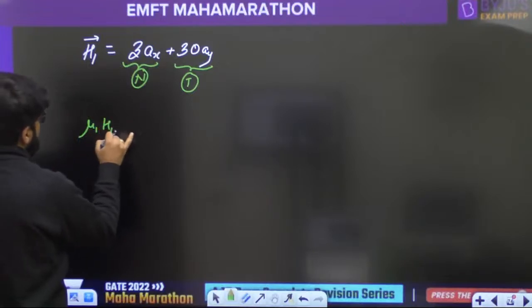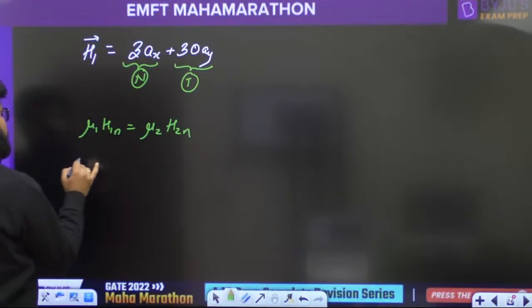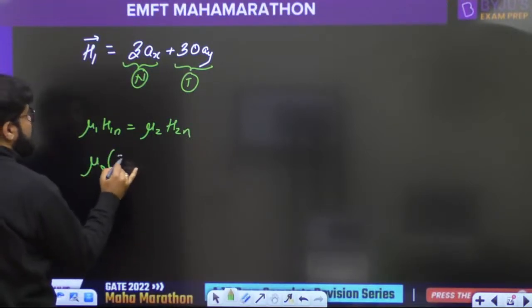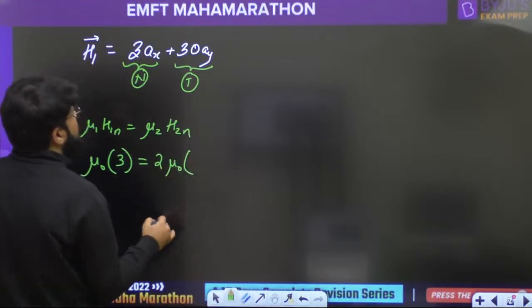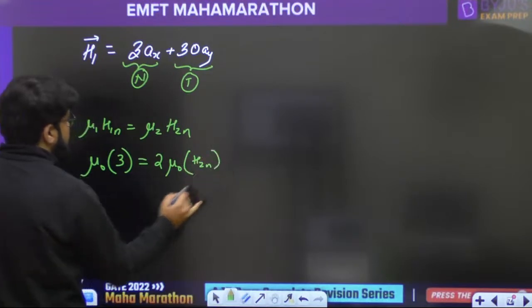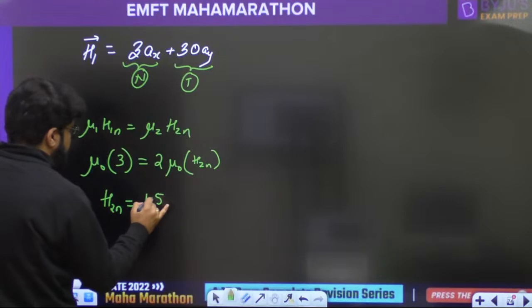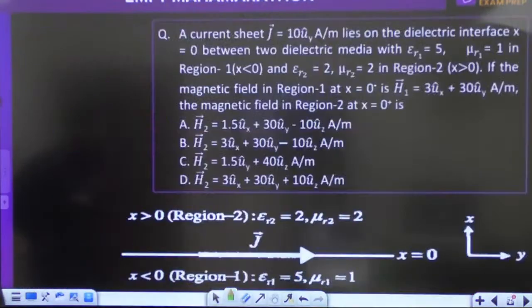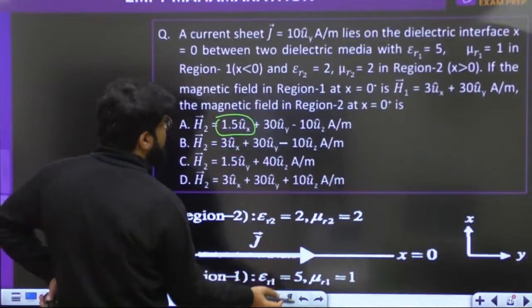Mu1 H1n should equal mu2 H2n. Mu1 is mu naught, H1n is 3, equal to mu2 which is 2 mu naught, times H2n. So H2n is equal to 1.5, in the x direction. That means whatever the answer is, it is going to contain 1.5 AX.